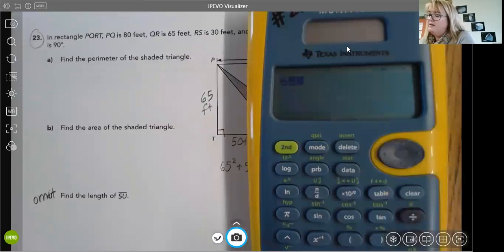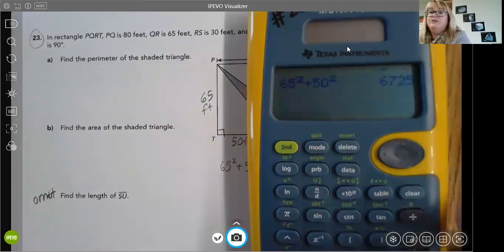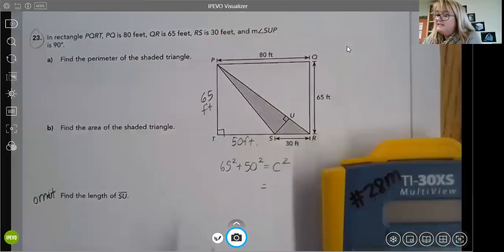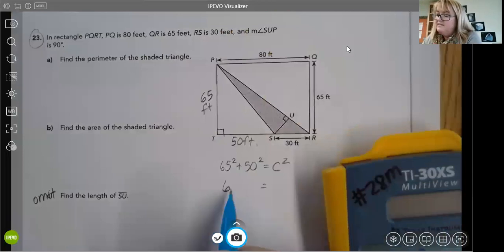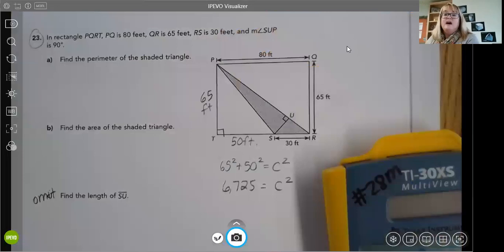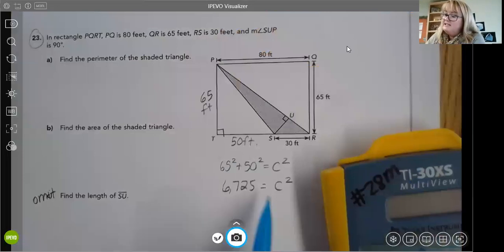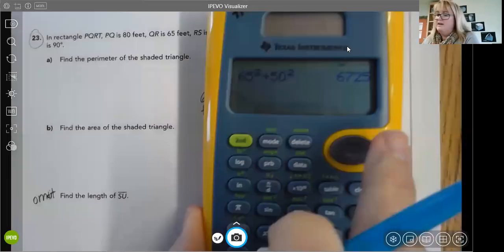65 squared plus 50 squared equals 6,725. So I am going to write 6,725. That's what c squared is. I don't want c squared, I want c. So we're going to square root both. So go back to our calculator.